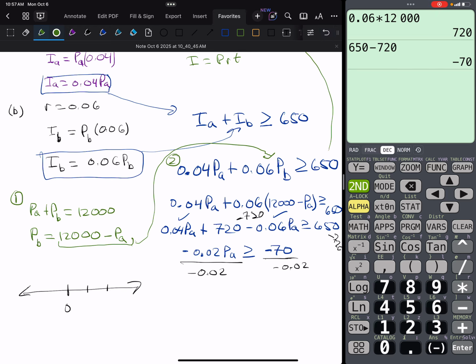But if I multiply it by a negative number, then they're going to flip over the axis. And all of a sudden, the one that was smaller is actually larger than the other one. And so that's why anytime we multiply or divide both sides of an inequality by a negative number, we have to change the direction of that inequality.